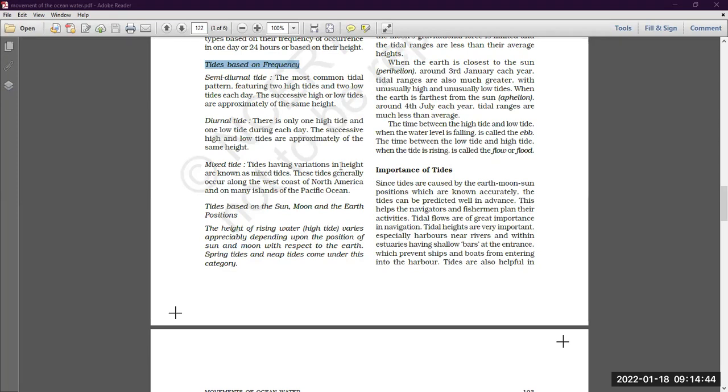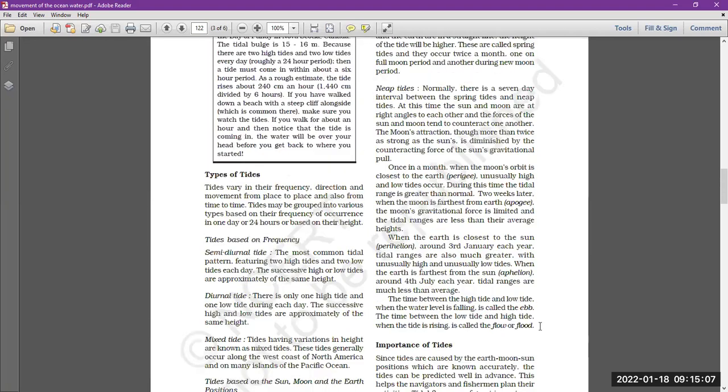So on the basis of the position of Sun, Moon and the Earth, the tides are classified into spring tides and neap tides. Spring tides and neap tides, ये दो क्लासिफिकेशन इसके अंदर आते हैं.